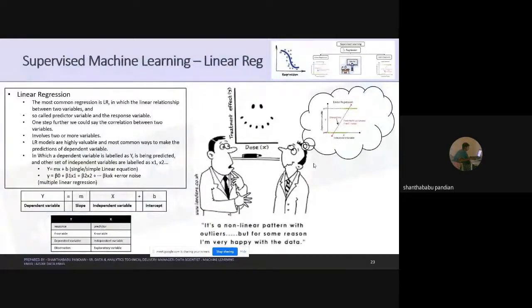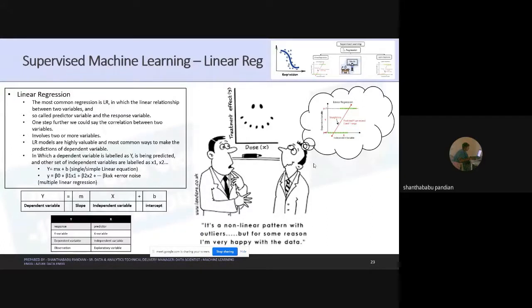For example, with multiple independent variables, the multiple factors decide the dependent variable, the final outcome. That is nothing but multilinear regression.